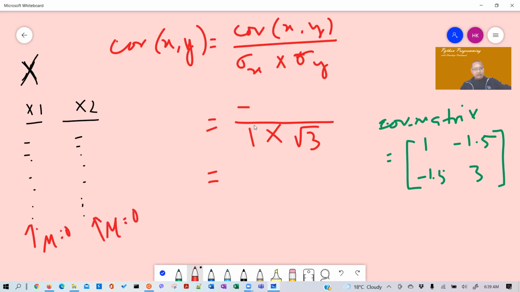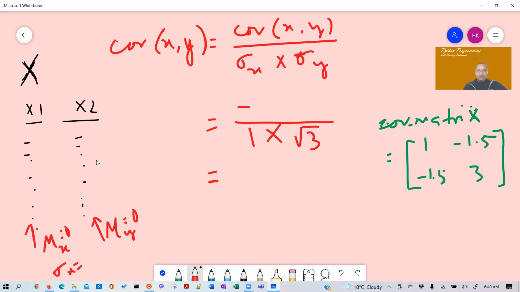Then what is the standard deviation according to my covariance matrix? What is the standard deviation of x1? Standard deviation is sigma. What is sigma x?